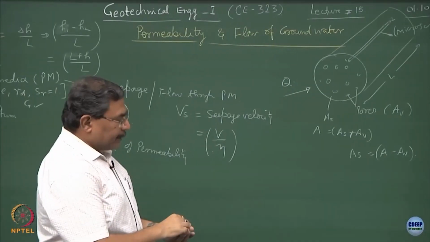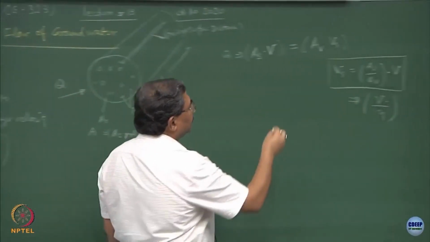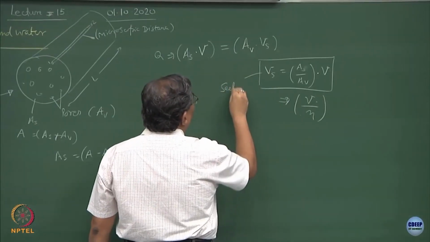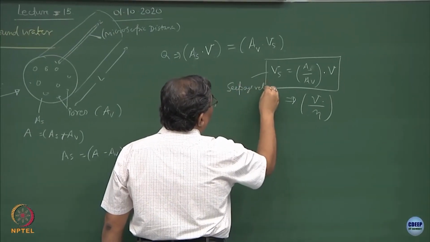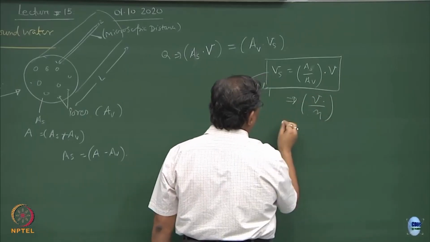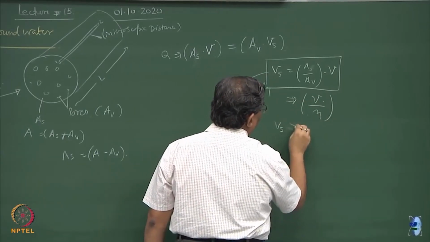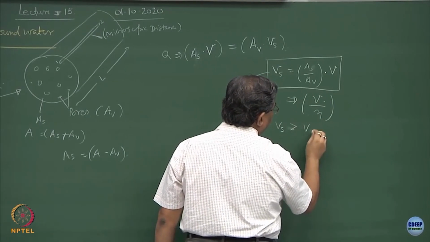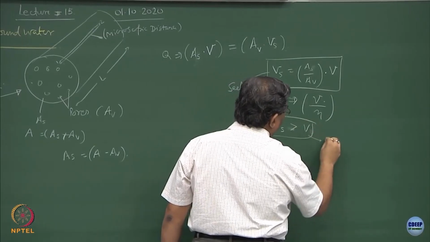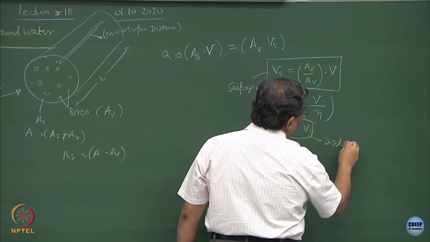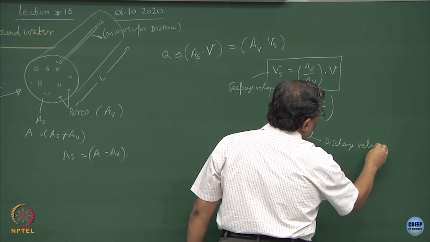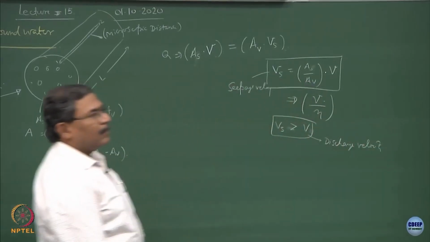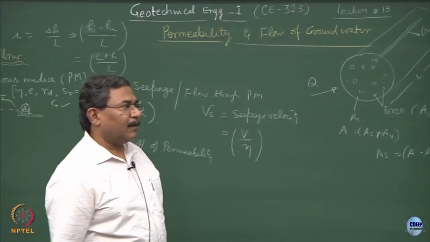Now, what it indicates is that the seepage velocity is always greater than the discharge velocity. Which one is faster?